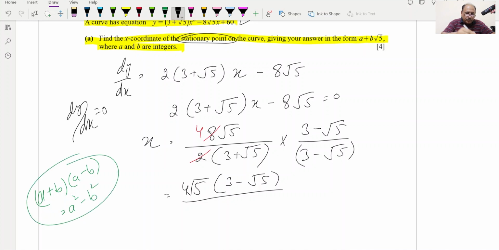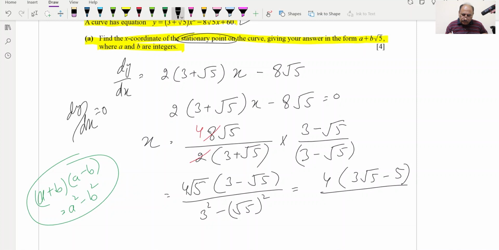This formula we will be applying over here, and we will get 3 squared plus under root, basically this should be minus over here, and under root 5 squared, and this will be equal to 12 under root 5, and minus this will be basically what we can do, instead of multiplying, we can keep 4 outside and multiply only under root 5. 3 under root 5 minus under root 5 square will be 5.